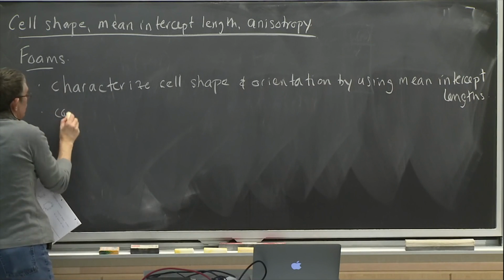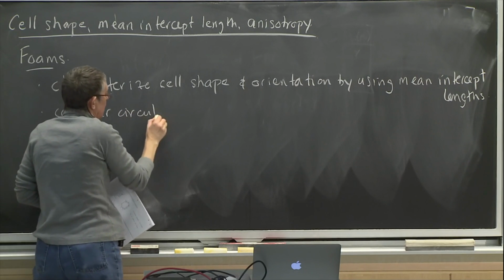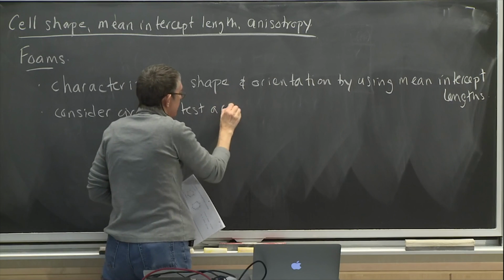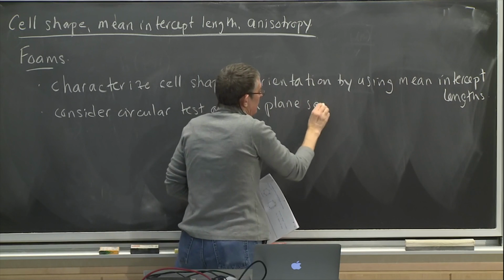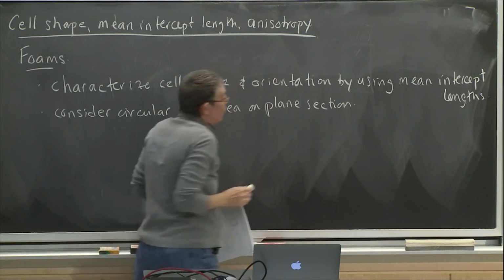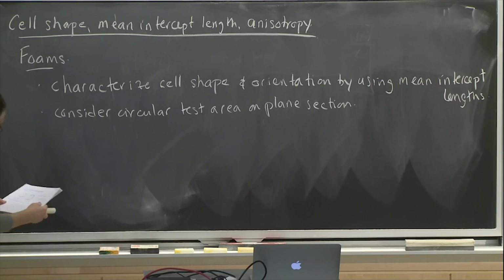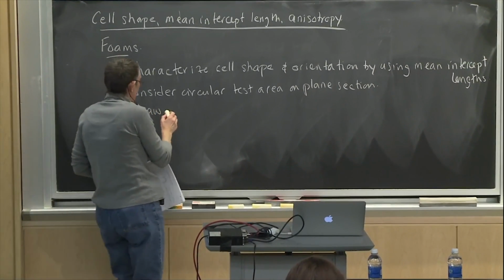So we consider a circular test area on a plane section. You want to use a circle and not, say, a square or a rectangle, because if you had a square, you'd have different total lengths of line depending on what orientation you took it. So you want to use a circular test section. And then you draw equidistant parallel lines.